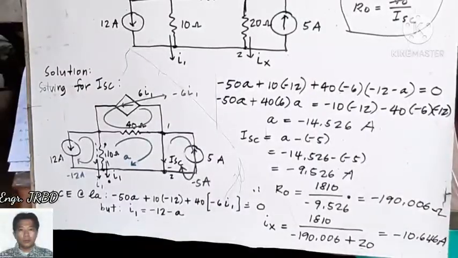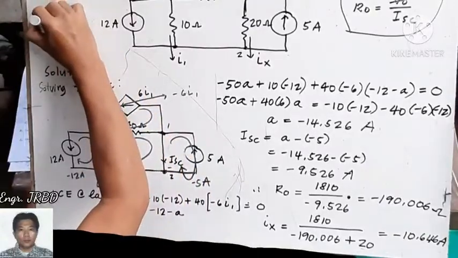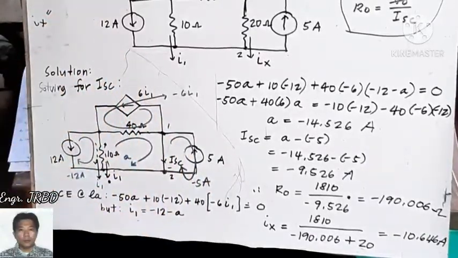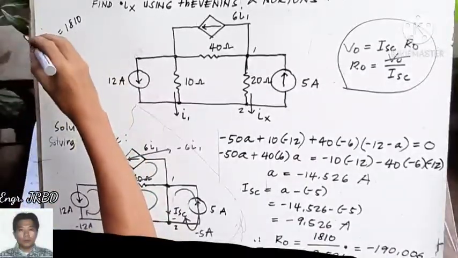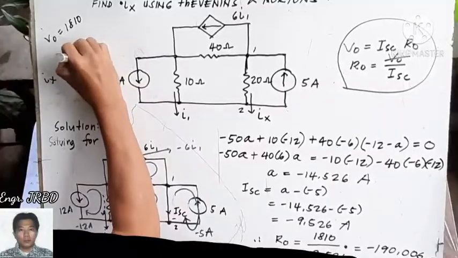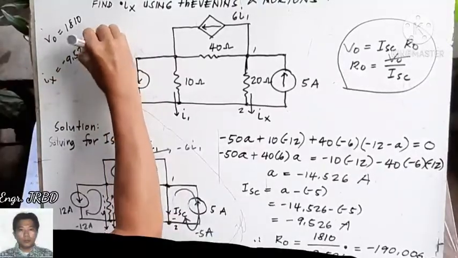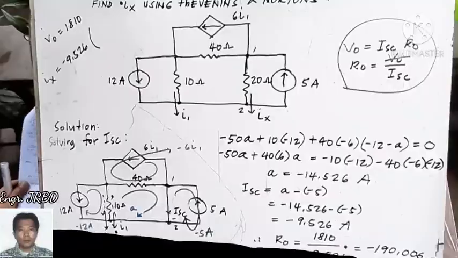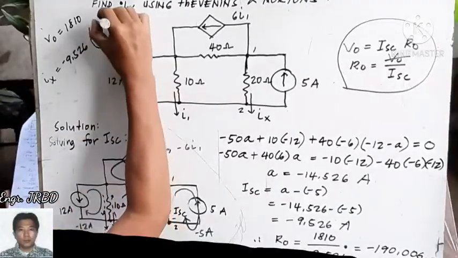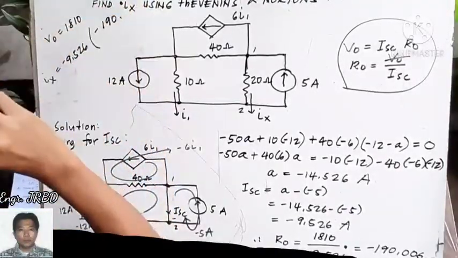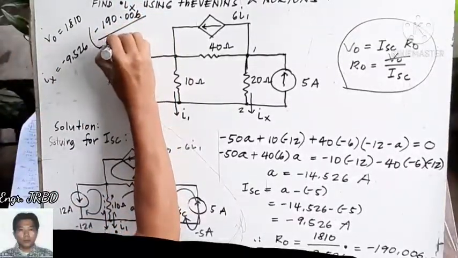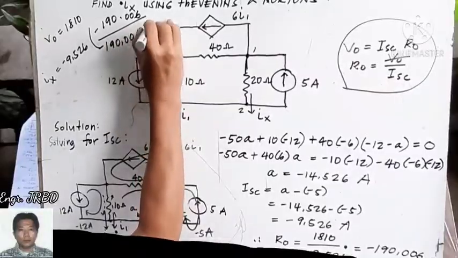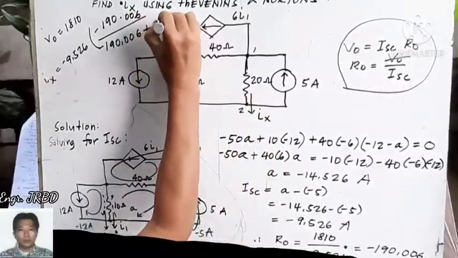the value is negative 10.646 amperes. In the same way, that can be obtained also using your Norton's. Short circuit current of negative 9.526 times R sub O of negative 190.006 divided by negative 190.006 plus 20 ohms.